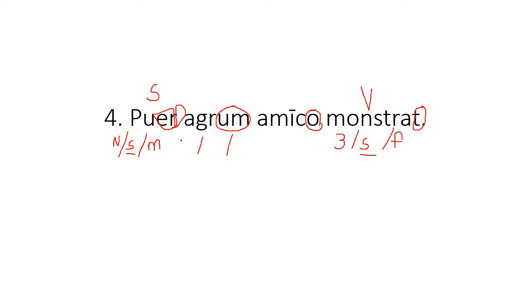So the only option for declining is the us, er, um, o, o column. Um is in the accusative, and it is singular, and it is also a masculine noun. That one you would have to know from memorizing it. So accusative, singular, masculine. If it is accusative, then that makes it our direct object.